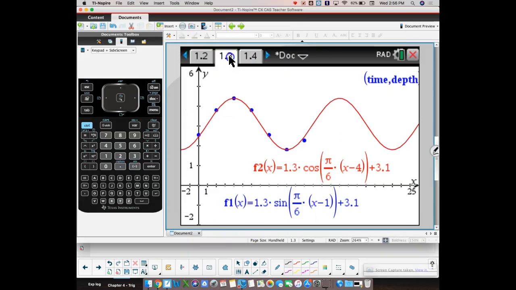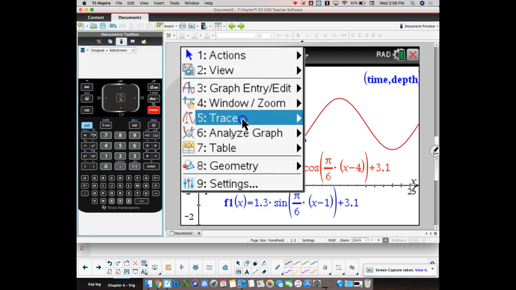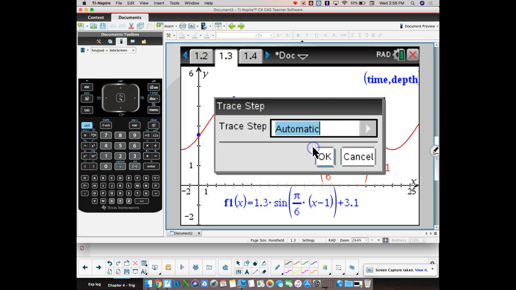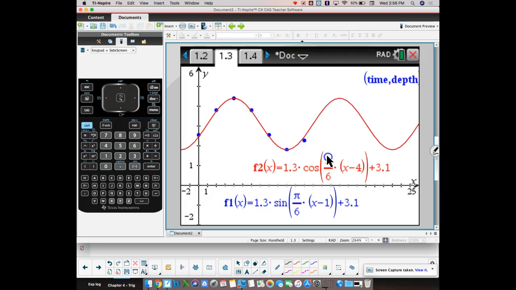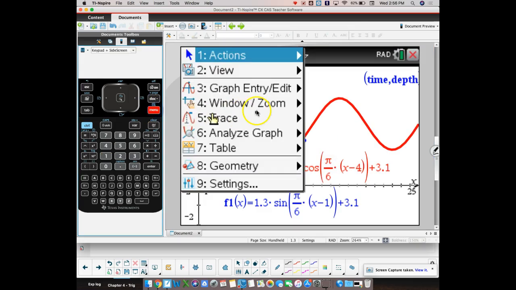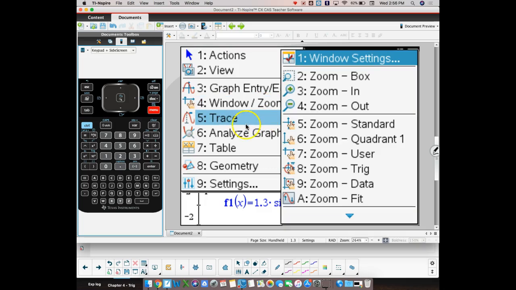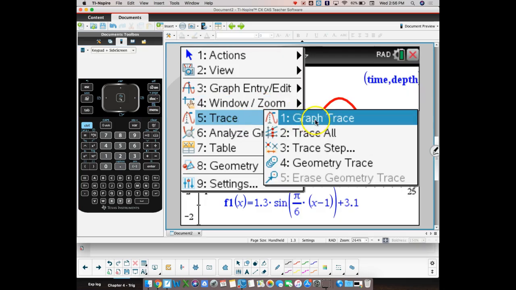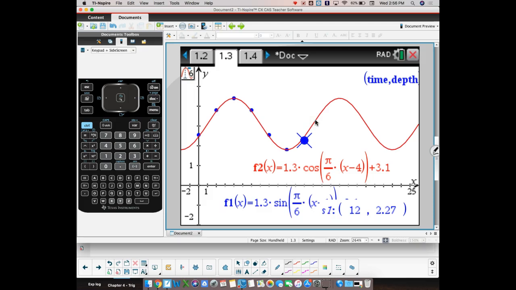Now, on my graph, the other thing that I can do is use what's called the trace. If I set my trace step to 1, that's going to give me every hour. Graph trace. So now at 12 hours, it's at 2.27, which we set. But we want to go at 9.